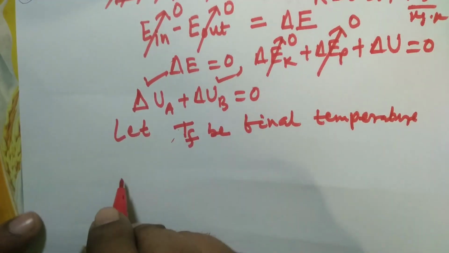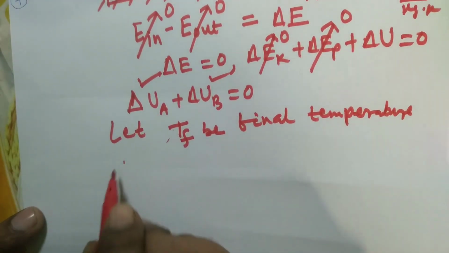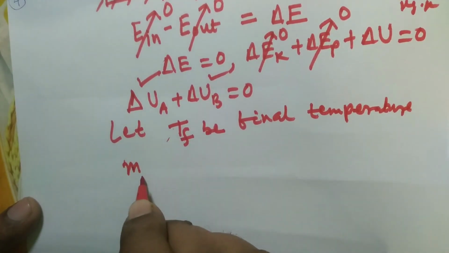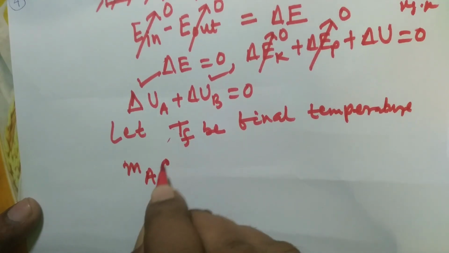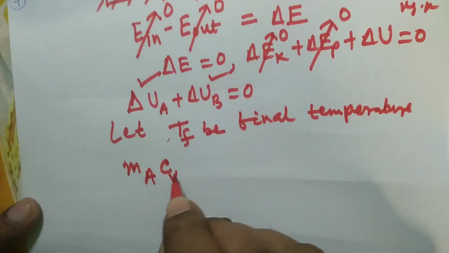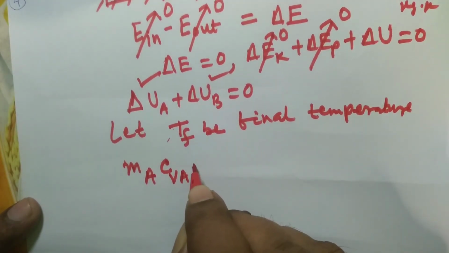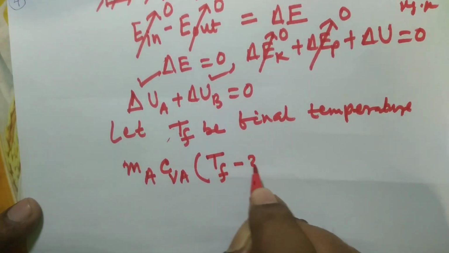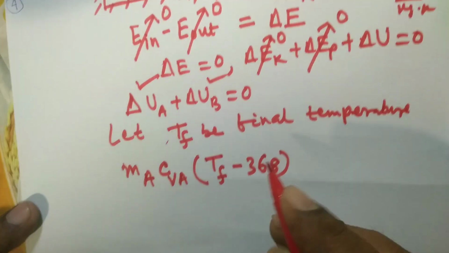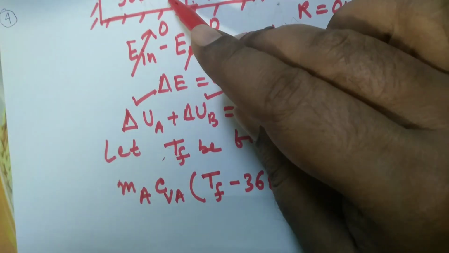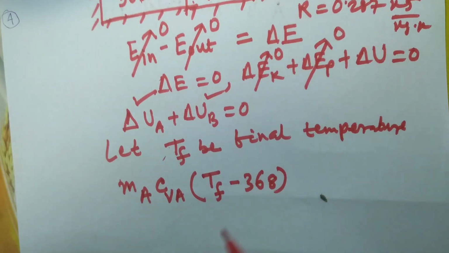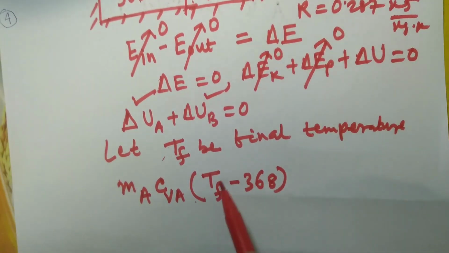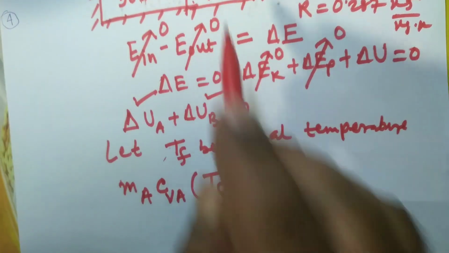Then we can apply the equation Ma CVA (Tf minus 368). The temperature of vessel A rises from 368 to Tf, and this is the change in internal energy. This temperature will increase and this temperature will decrease.